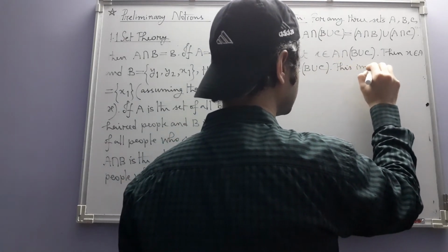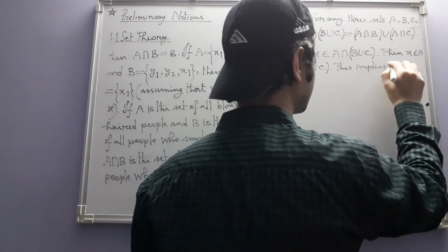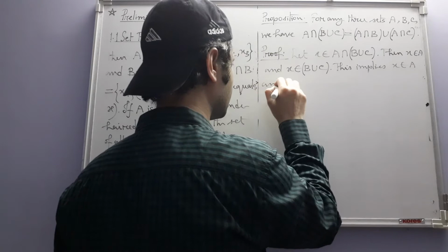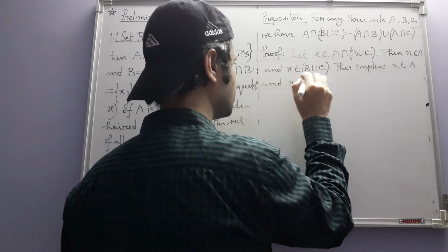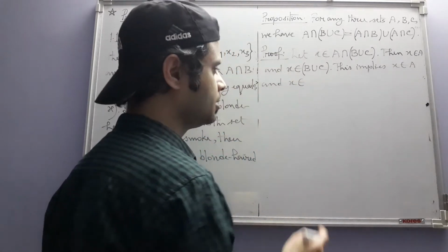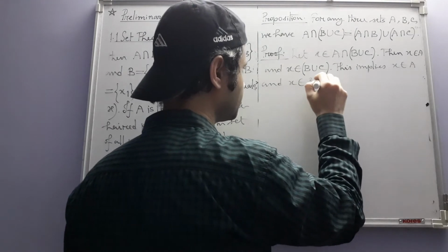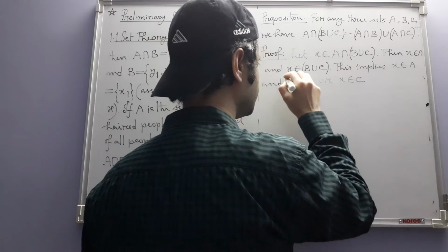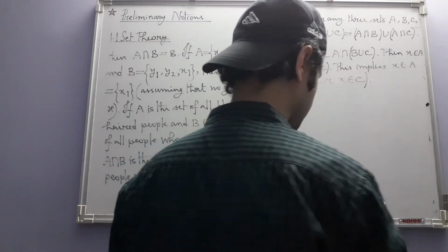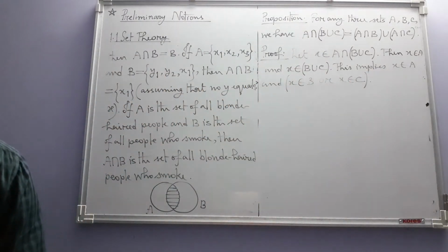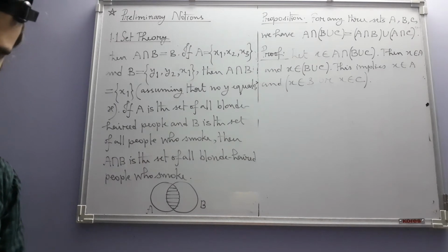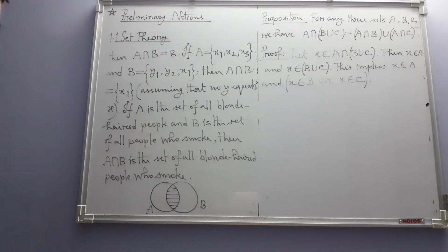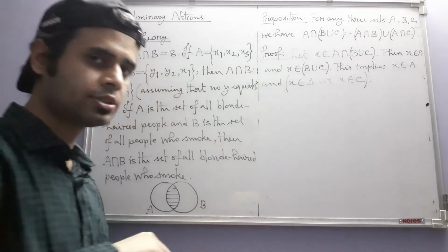This implies X belongs to A, and now X belonging to B union C means X belongs to B or X belongs to C. Keep in mind that this OR is inclusive OR.